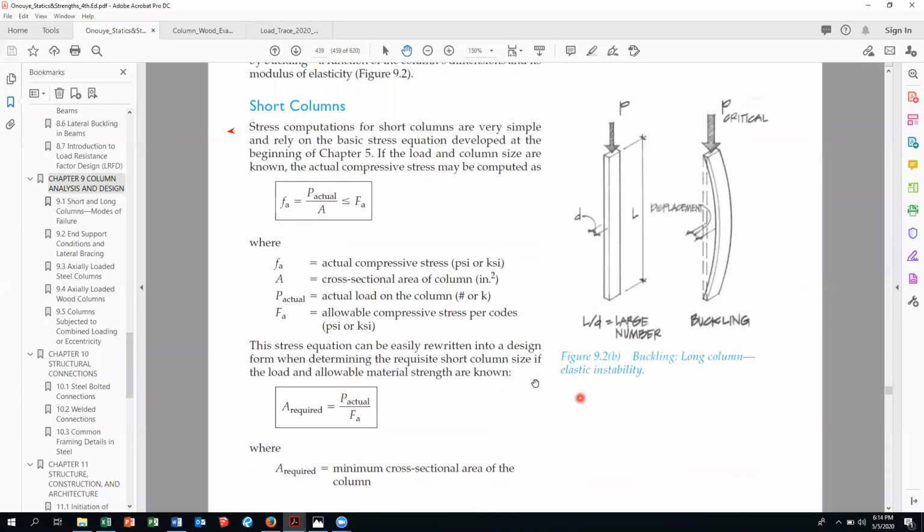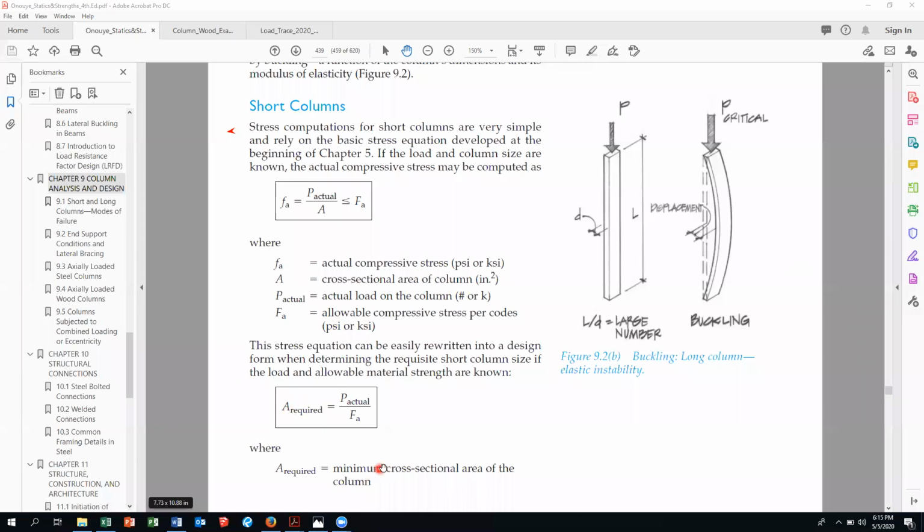One thing we're just not going to have time to get into is design formulas, but if you were to take the actual load that the column's going to see, divided by the allowable compressive stress, that'll give you the required area.